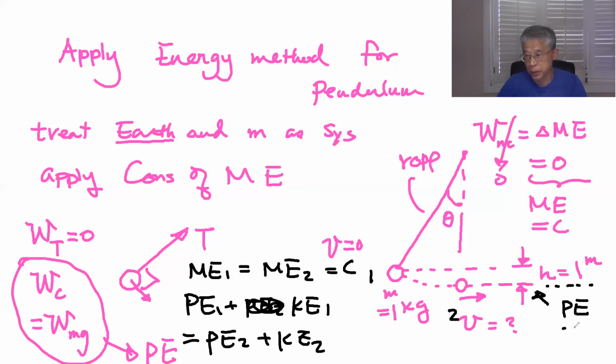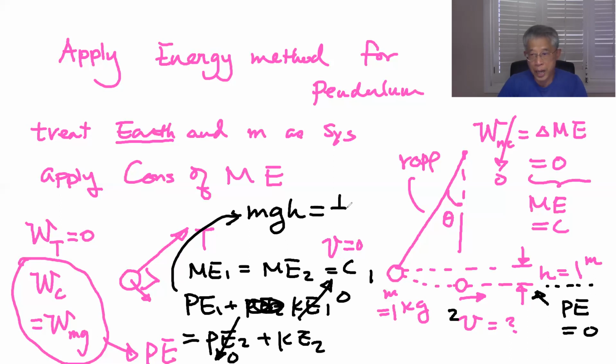That PE at that location is equal to 0, right? So then we can say, all right, this is 0. And then KE1 start with velocity equals 0, so KE1 go away, and that's equal to 0. So now we have PE1, which is mgh, right? It's equal to 1/2 mv squared.